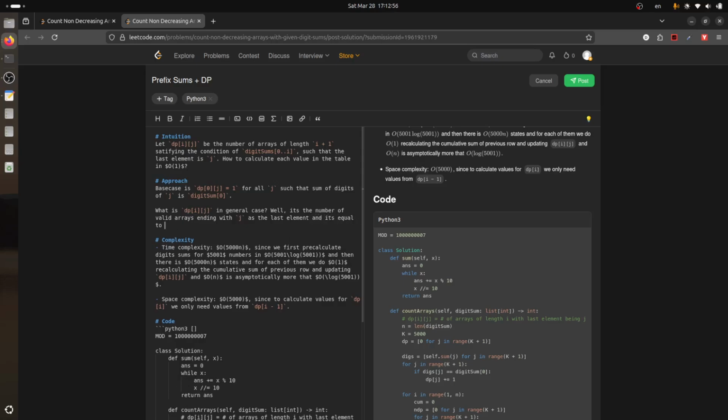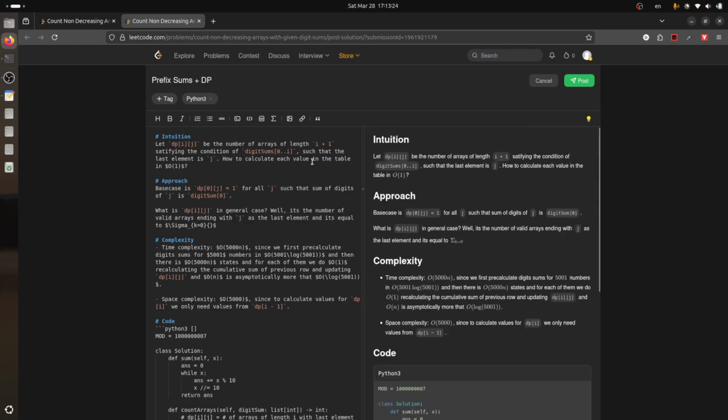And it's equal to the sum over k from 0 to j of dp[i-1][k].